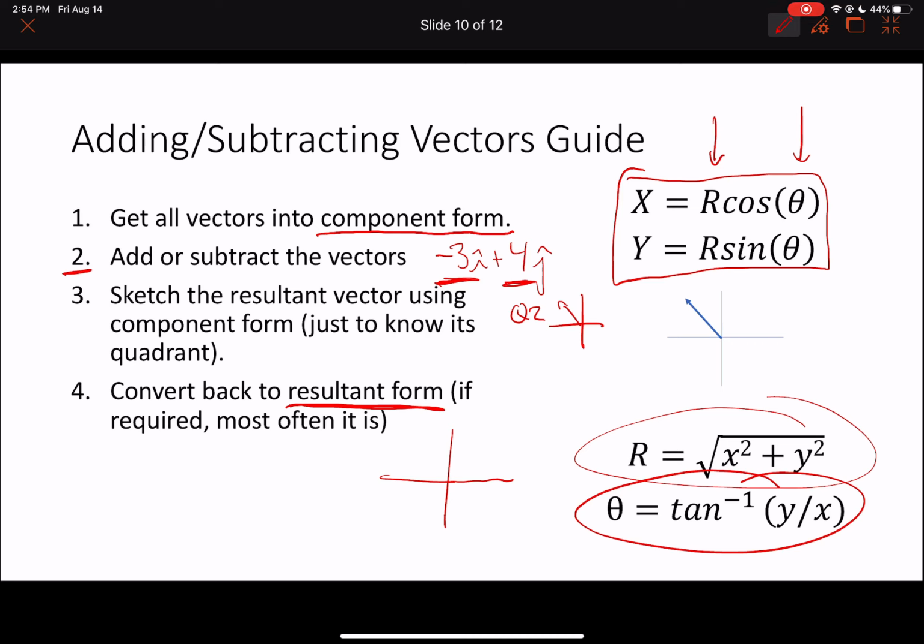Once we have the angle, it's not always the correct angle. We might have to add some degrees depending on the quadrant we are in. And so in this case, we are in quadrant 2, and so whatever angle it spits out with this equation, we're going to need to add 180 degrees to it.